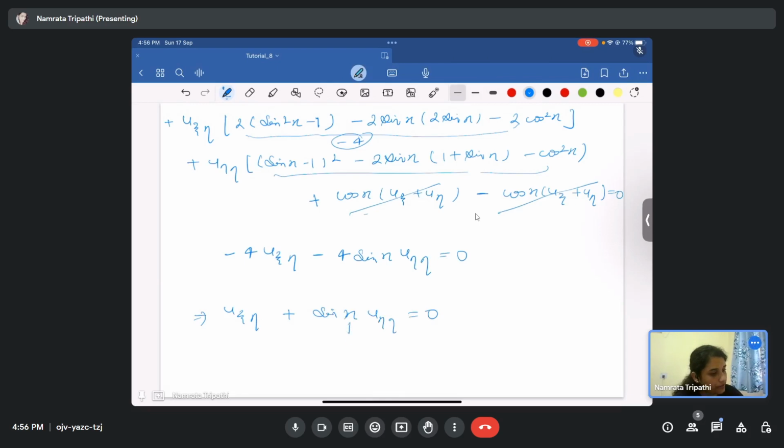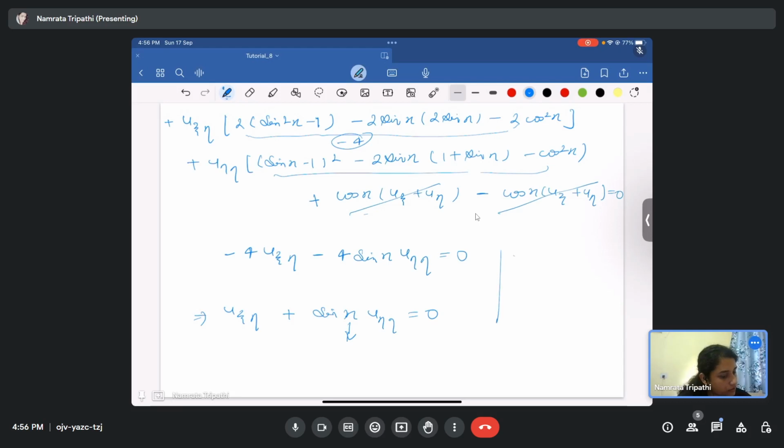Now you have to write the expression for x in terms of xi and eta. What is xi and eta?